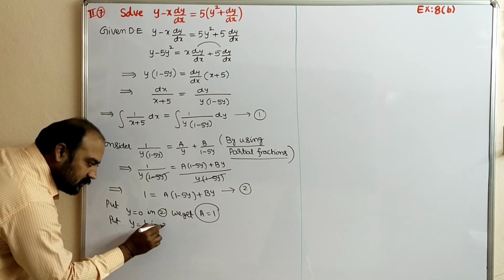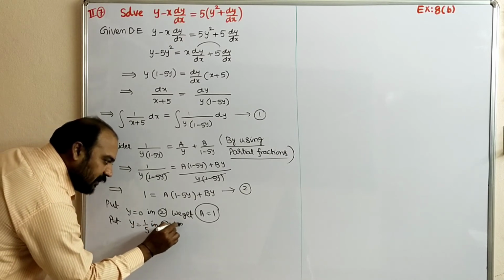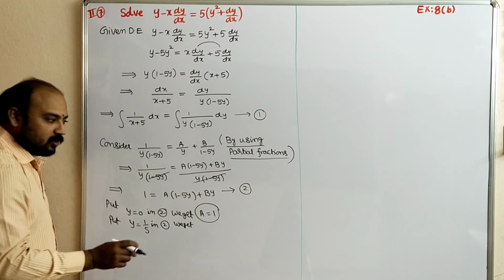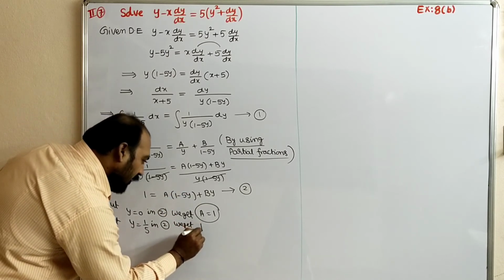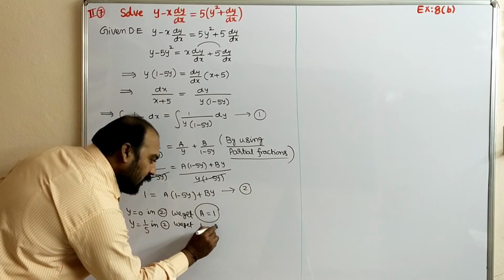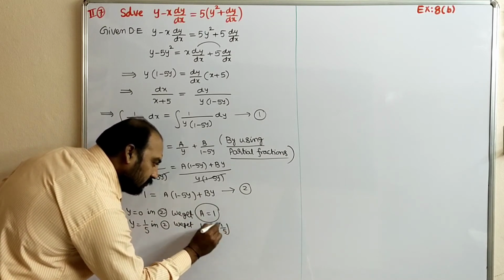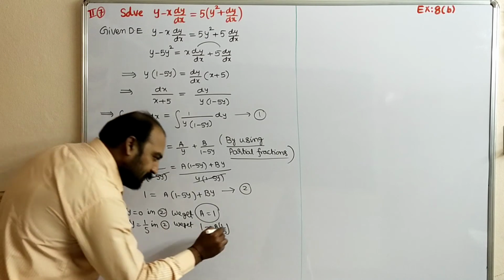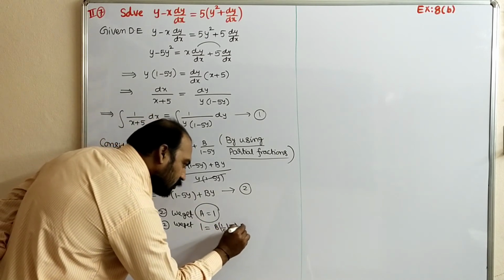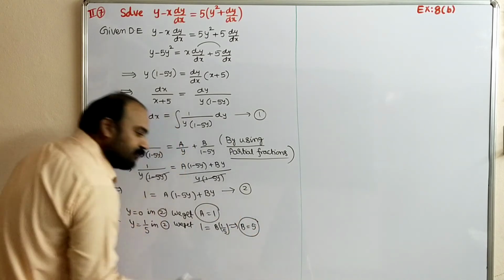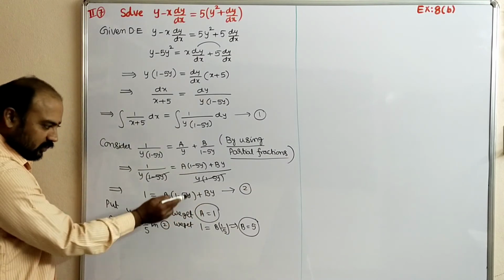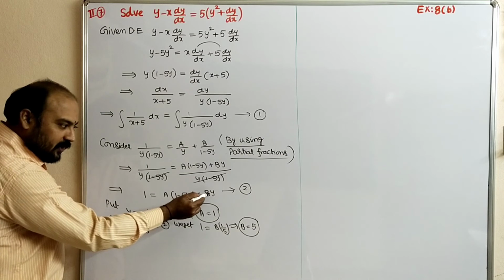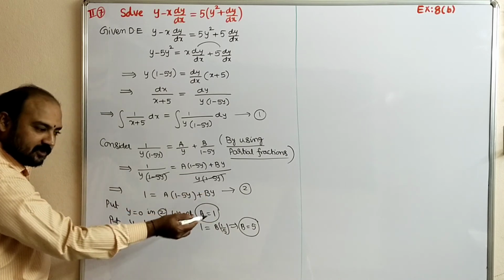In equation 2, in place of y substitute 1 by 5. This value goes to be 0. 1 is equal to b into 1 by 5. Cross multiplying, b is equal to 5.